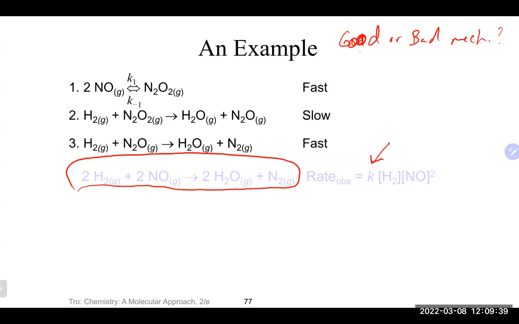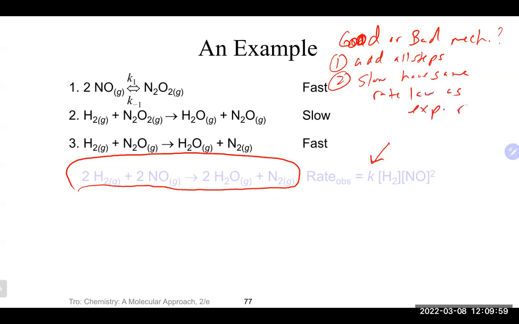When determining if it's a good or bad mechanism, remember there are 2 things we need to make sure of. The first thing is when we add up all the steps, we get the same overall reaction we're looking at. And secondly, does the slow step have the same rate law as the experimentally determined rate law? We add everybody up, we get the overall reaction.